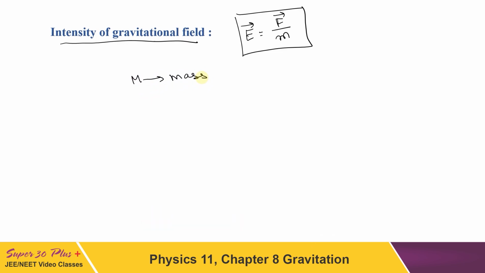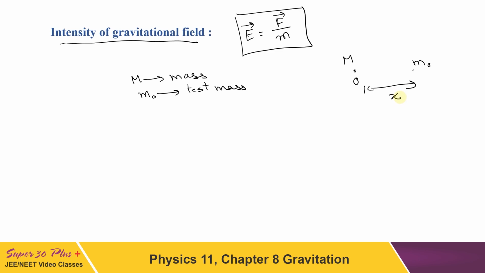Now if F is the gravitational force of attraction experienced by another test mass, which is written here as m0, and it is placed at some point P in the gravitational field of the body, such that O is the center of mass of the body m, and the other one is the test mass m0, the distance between these two is equal to x.